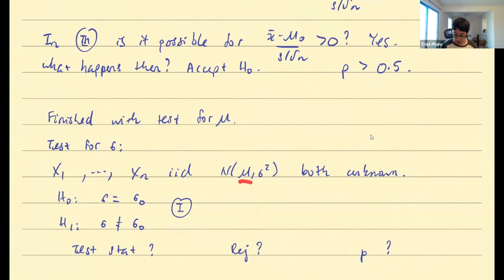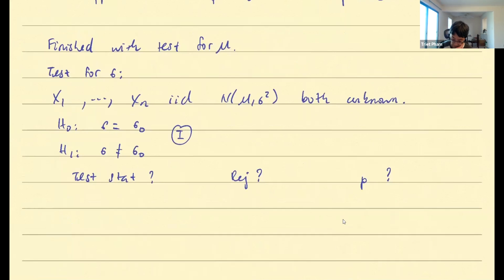So given this, what's the test stat? What's the rejection region? What's the p-value? If you can answer these very quickly, then you would know what this is all about. Anyone?